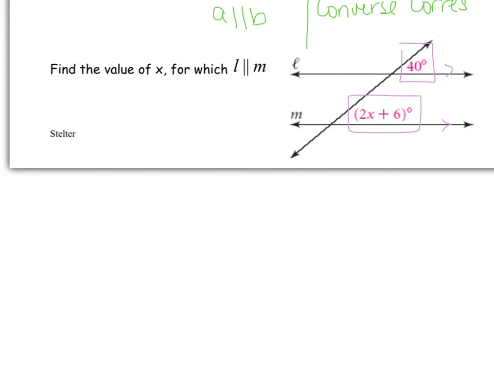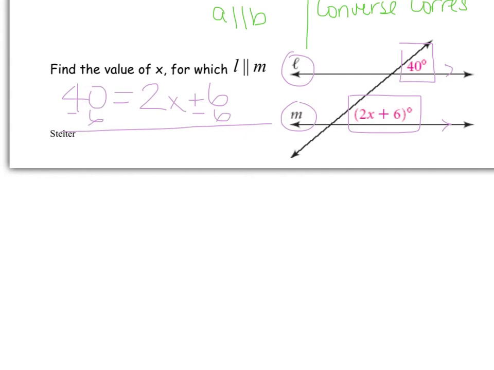And corresponding angles are congruent when the two lines are parallel. So set them equal to each other. And then solve for x. So you're going to subtract 6 from both sides, then divide by 2. So that should give you 17.